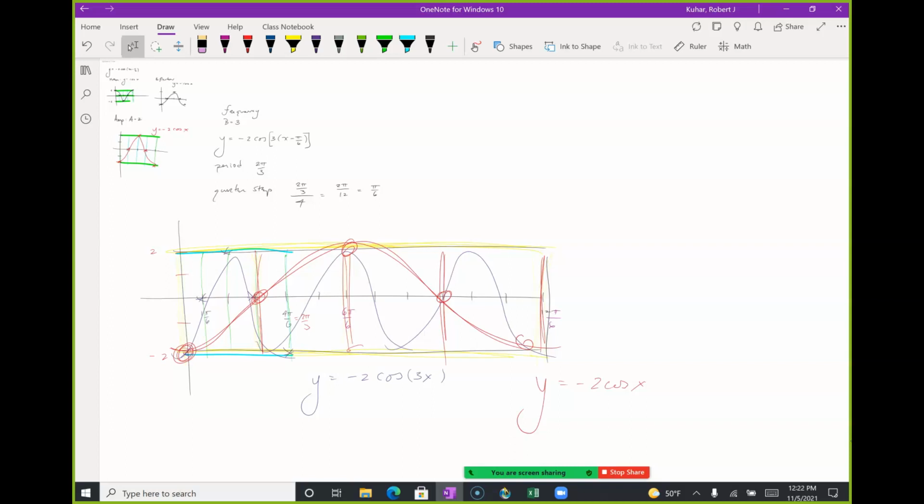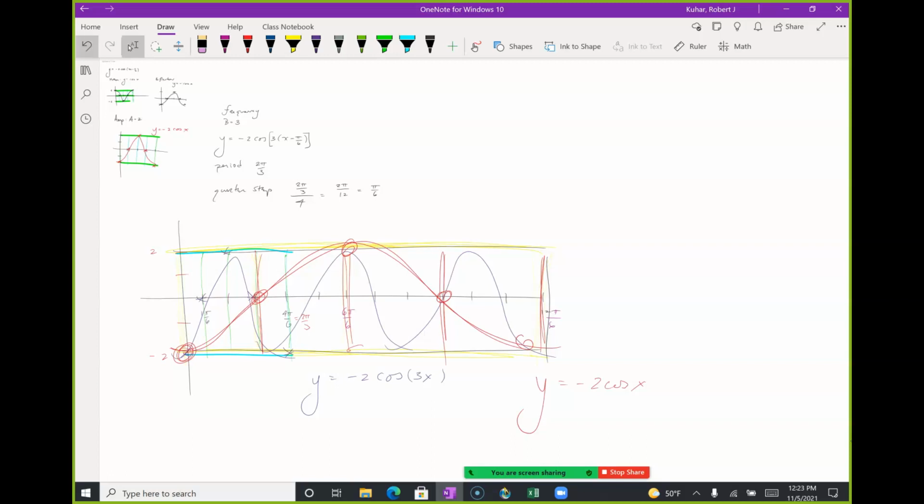Okay, finally ready for the final graph here. And I'll say to you that until I put the phase shift in, it's nice to superimpose all of these things on each other. But once I put the phase shift in, it doesn't make a lot of sense to superimpose the final thing over the original mother.